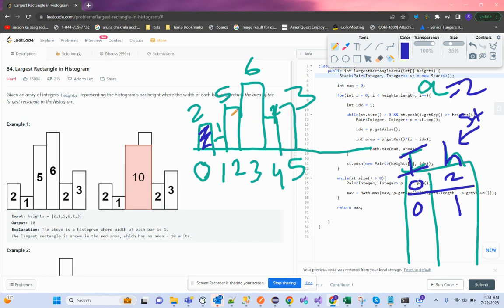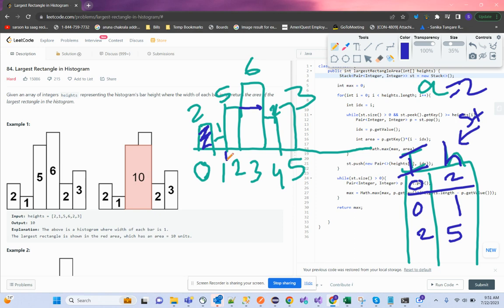Let's take number 5. This 5 can be extendable forward but cannot be extendable backward because there is no smaller height we can see for the 5. So we can extend it ahead, and that's the reason we have to insert 5 with the index of 2, because we cannot extend it backwards.